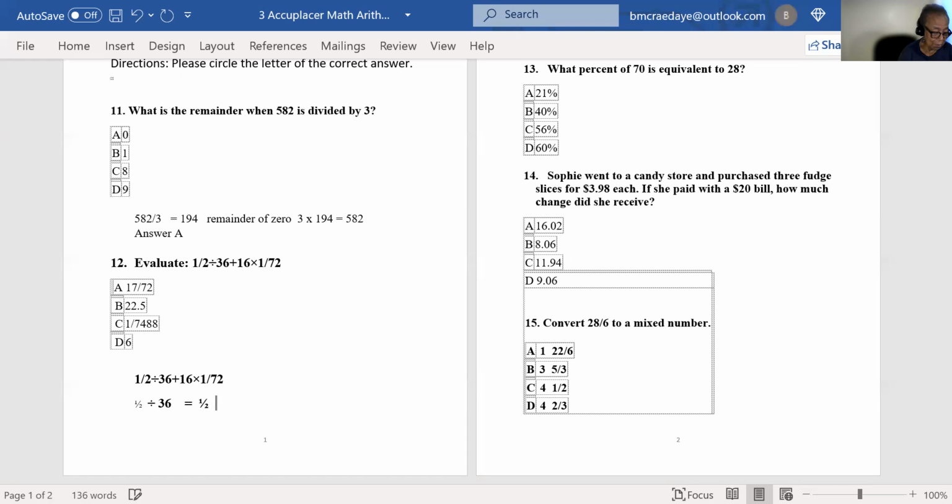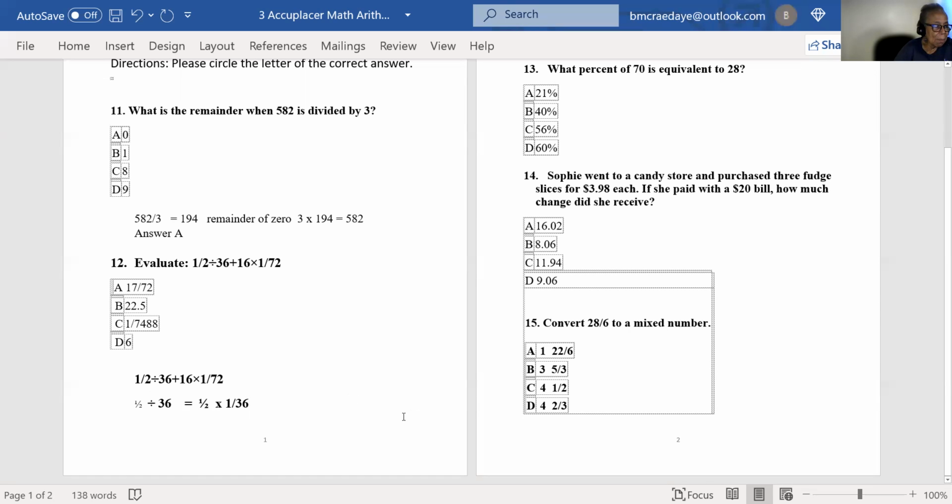So that becomes multiplication times, and then flip the 36. So 36 over 1 becomes 1 over 36. So we're following our rule, right? We kept the 1/2. We changed the operation from division to multiplication, and then we flip this divisor. 36 over 1 became 1 over 36.